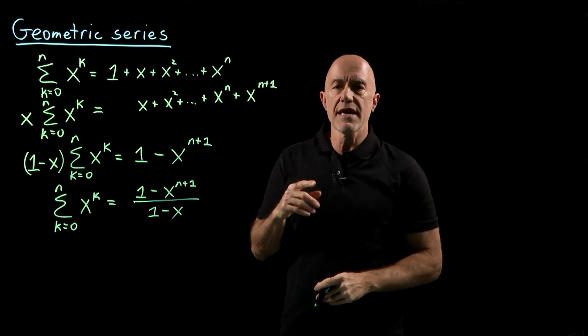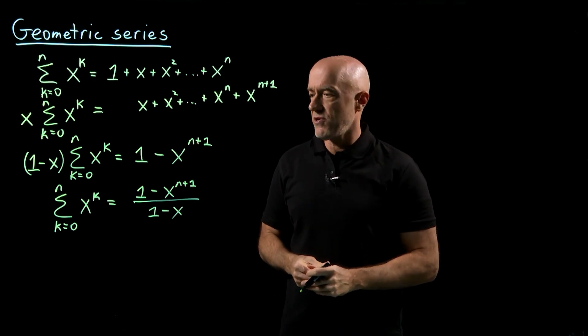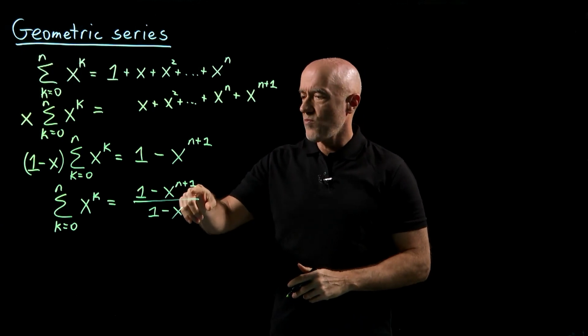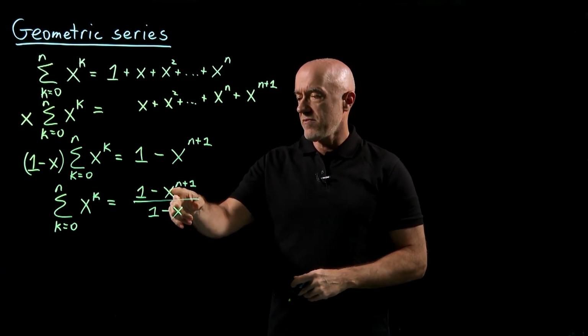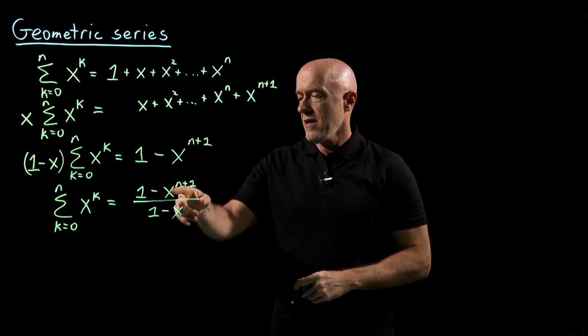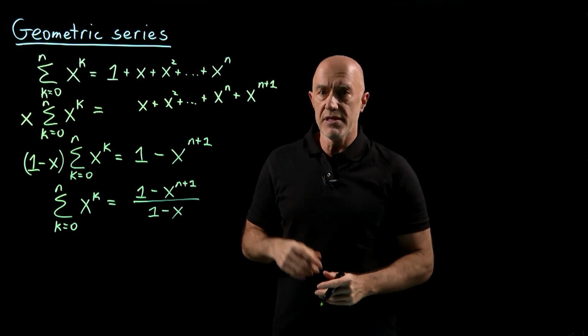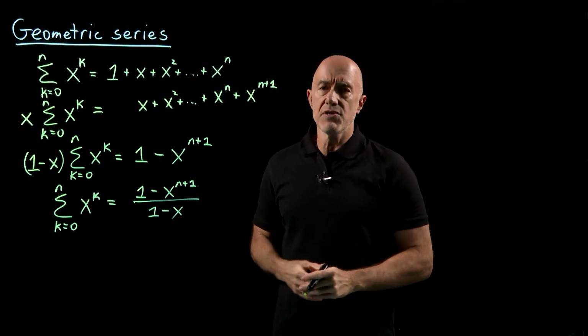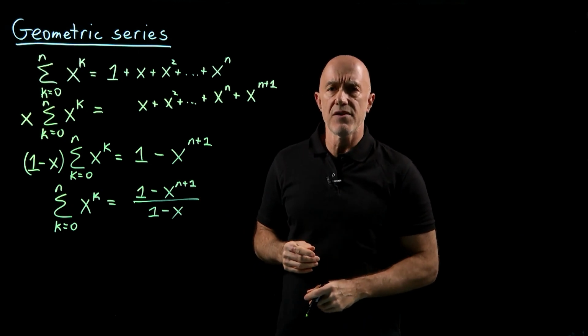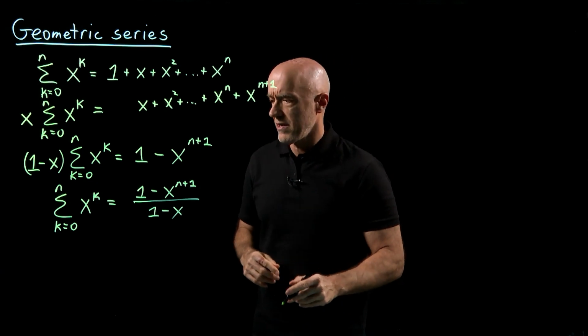But if we want to look at the infinite geometric series, we have to worry when the right-hand side converges. So now we would be worrying when x raised to the n plus 1 converges as n goes to infinity. Well, that converges as long as the absolute value of x is smaller than 1.